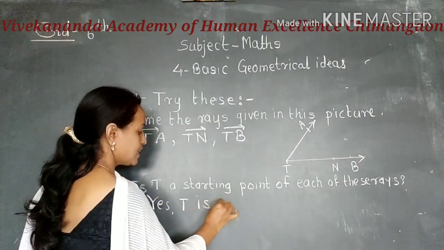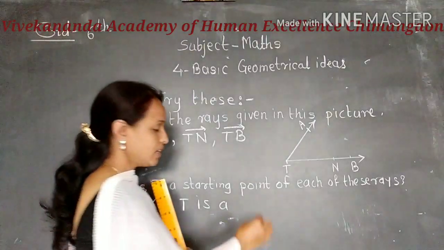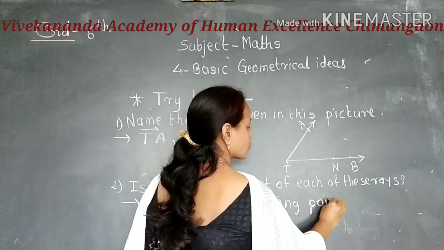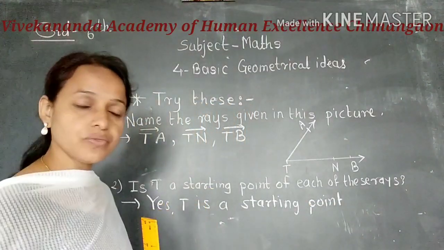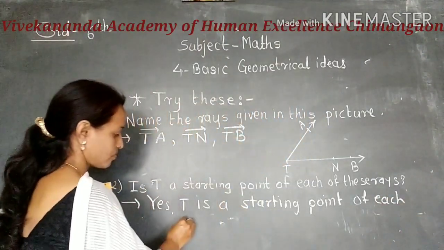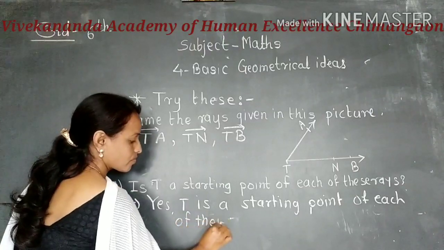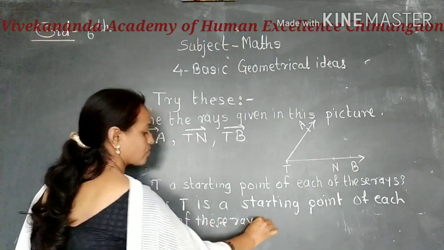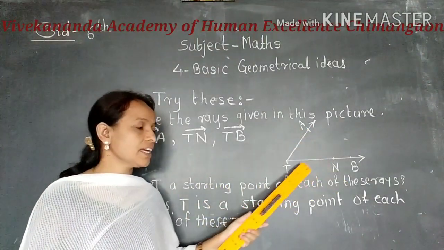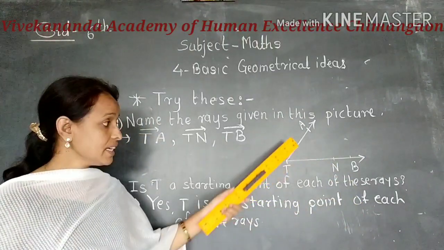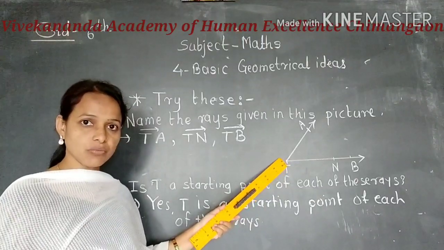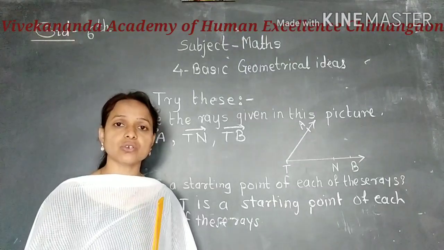T is a starting point of each of these rays. Okay, see in this figure, TA, TN and TB are the three rays and each ray's starting point is T. It is the initial point or starting point and the other points are on the path of the ray.